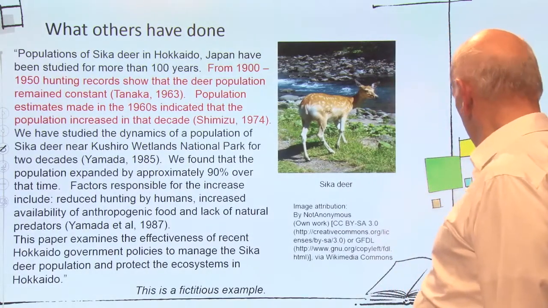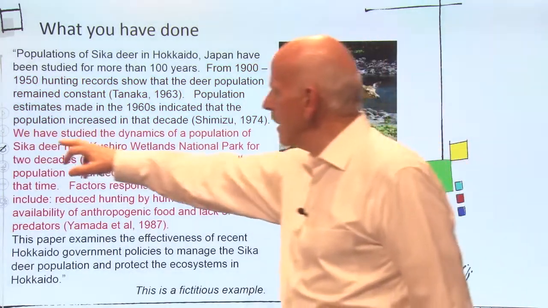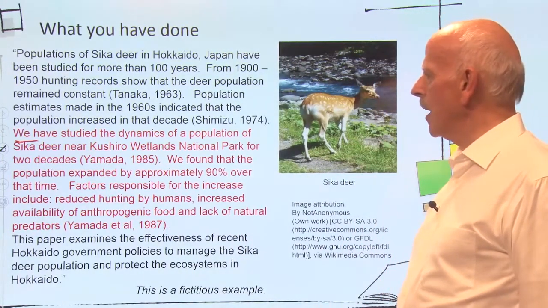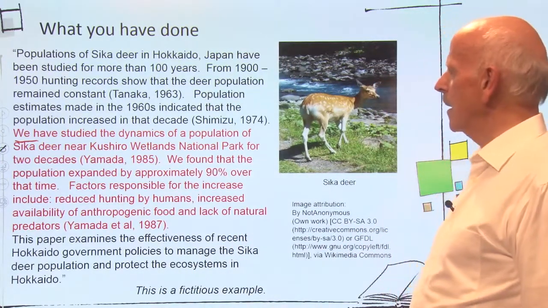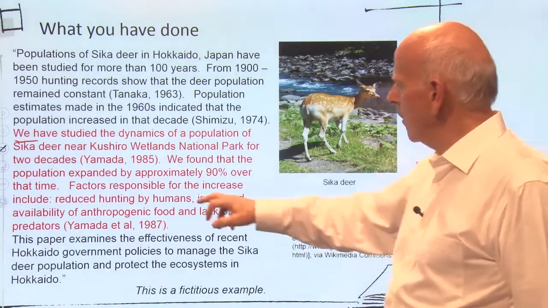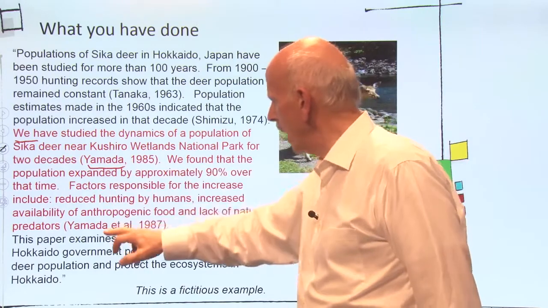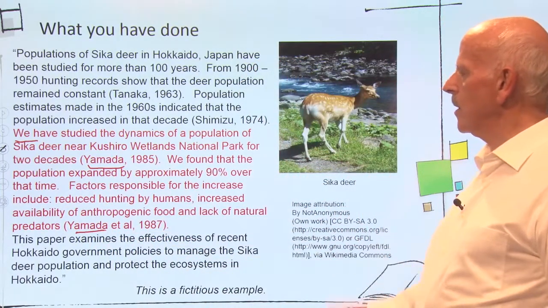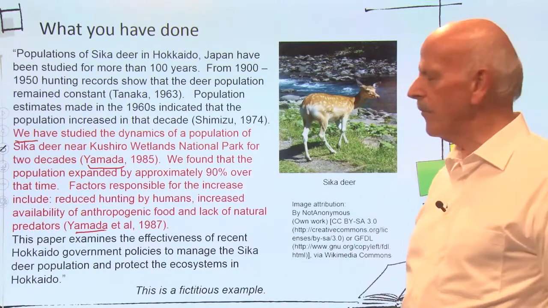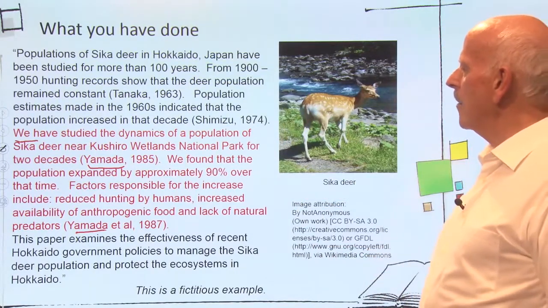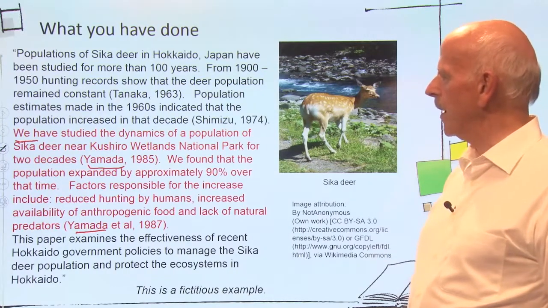We then get to the next part here, which said, we have studied the dynamics of the population of sika deer in this particular national park, and it turns out that you are Yamada. And so we, which is Yamada and fellow researchers, have found this information as a result of studies.